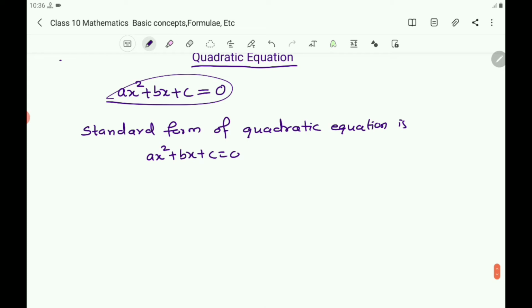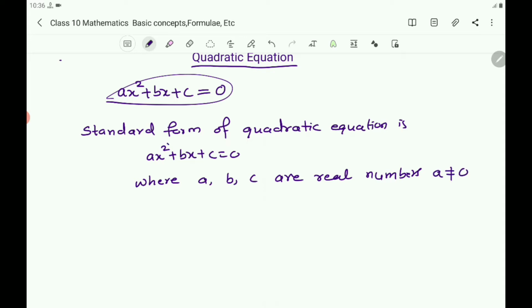Here what are a, b and c? a, b and c are real numbers, and this a should not be 0. a is not equal to 0.